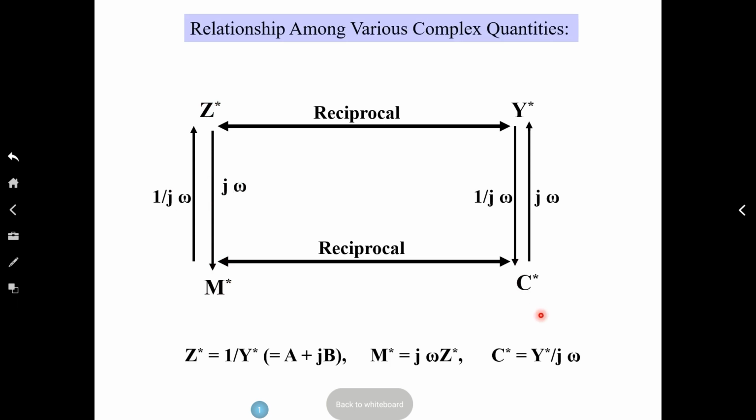Or you can analyze in the so-called capacitance plane plot. You can create it from impedance, go to admittance, multiply by 1 over C0 omega, and that will give you capacitance. So all I'm showing you is that you have a choice.